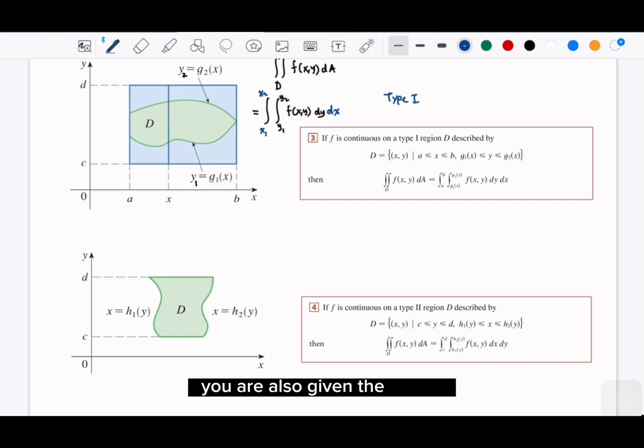You are also given the region, and sometimes you need to draw regions. For now, drawing the surface is not really necessary. You just need to know how your function behaves within this area, the region.